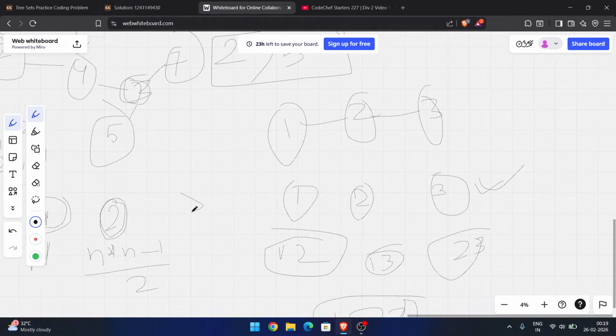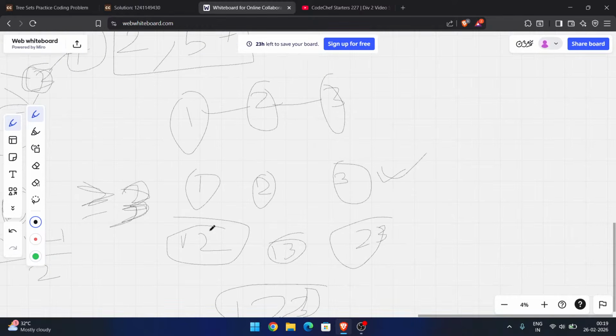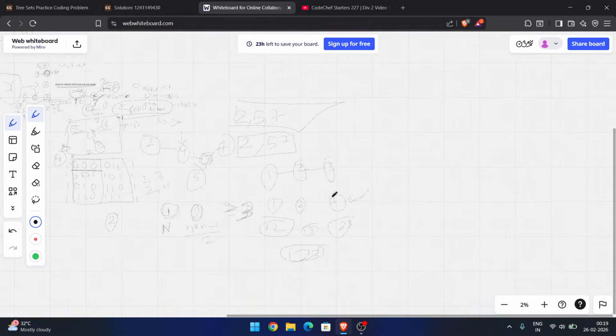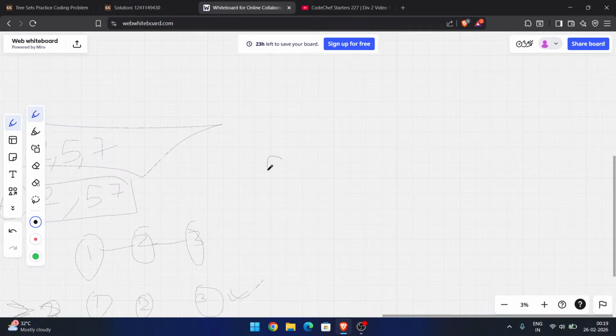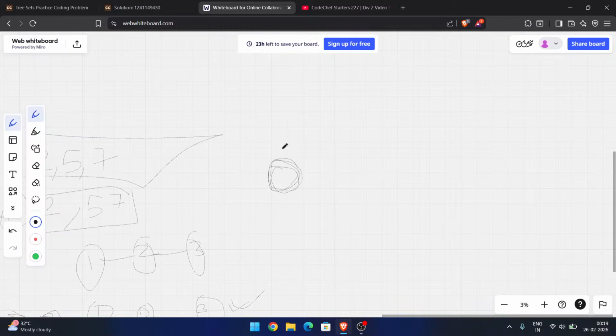Now let's look at cases where the subset size is greater than 3. What we have to do now is look at each vertex. Let's suppose this was a vertex. If it has only one branch, then definitely we can't form anything.